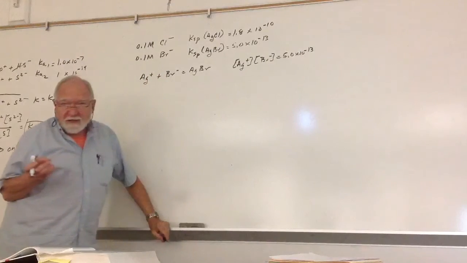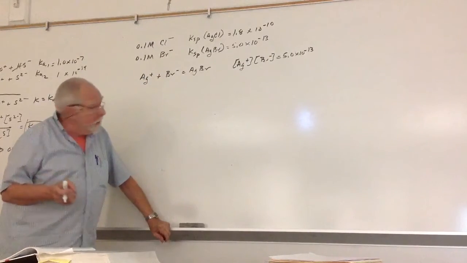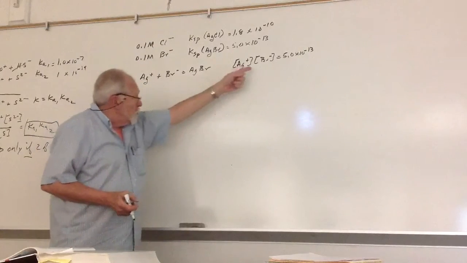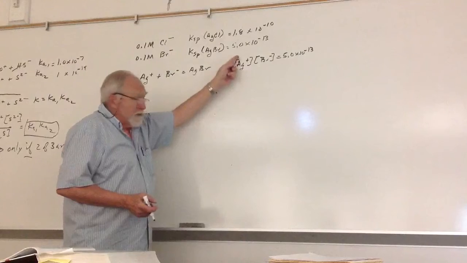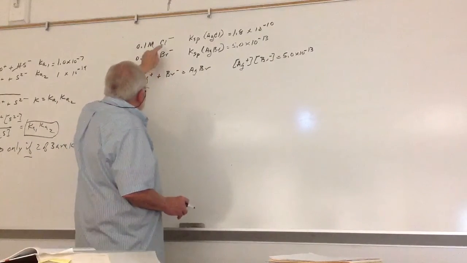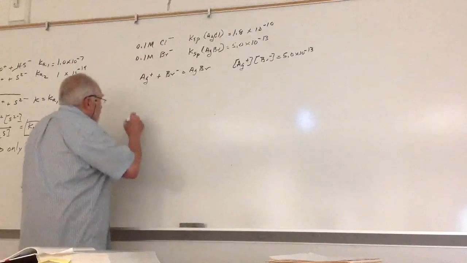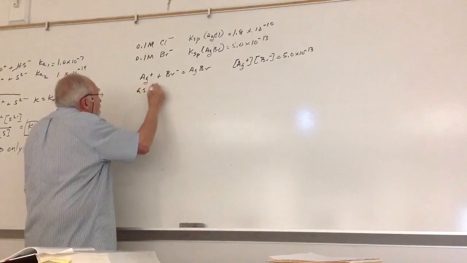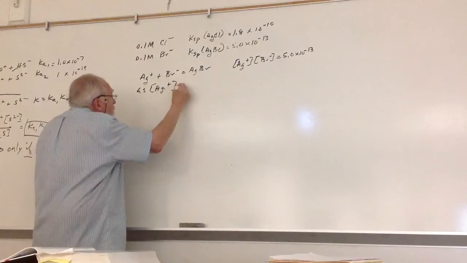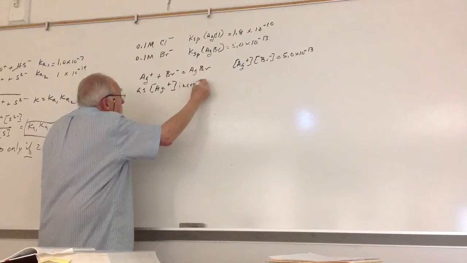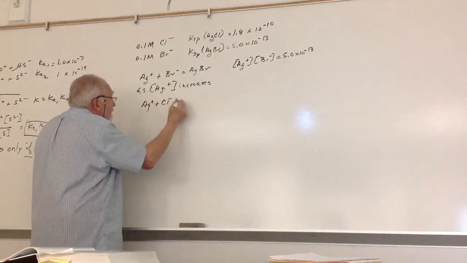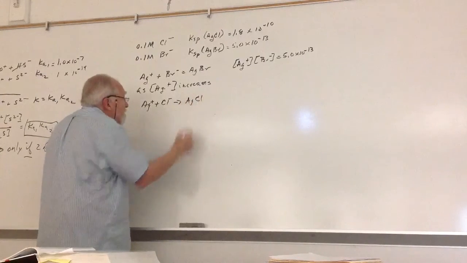So I'm slowly adding silver ion. The bromide is forming a precipitate, and the bromide ion concentration in the solution is decreasing, and meanwhile the silver ion is slowly increasing. Eventually the silver ion gets large enough, we start doing this reaction. Silver starts reacting with chloride ion to make AgCl.